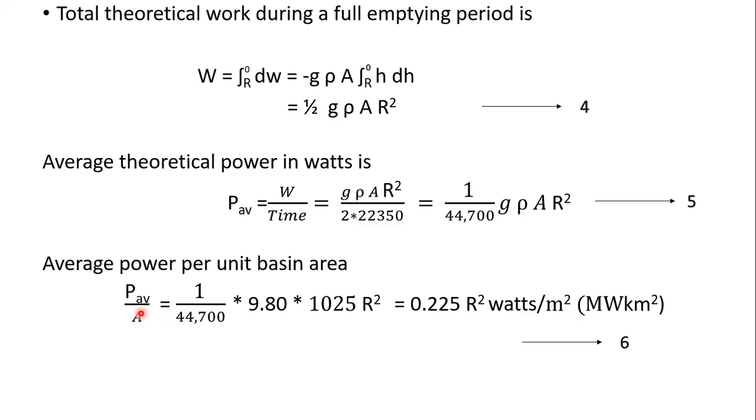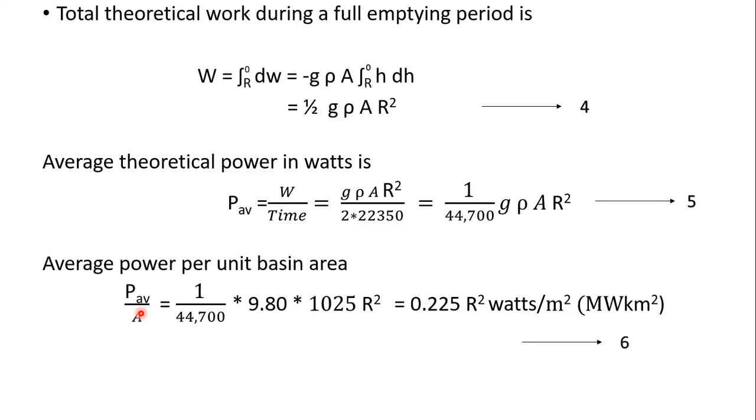The actual power generated will be less than the average theoretical power obtained from the above expressions, because there are some losses. The first one is frictional loss, and the second one is due to the conversion efficiencies of the turbine and electrical generators, where we lose some energy.